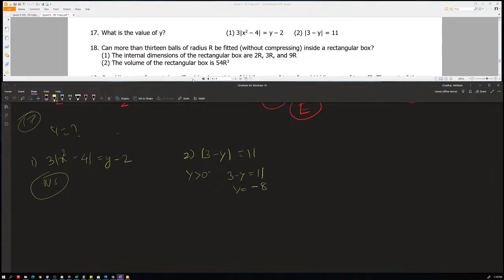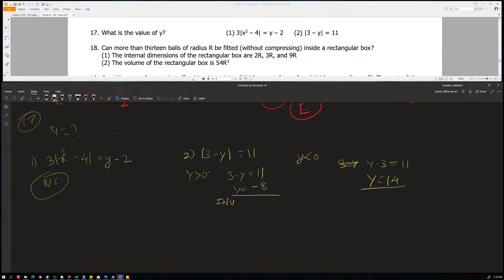So minus 8 is one answer, but y is greater than 0 and this is less than 0, so this is invalid. Next, when y is negative, then mod of 3 minus y will be y minus 3 equal to 11, and y will be 14, but we have taken y is less than 0.